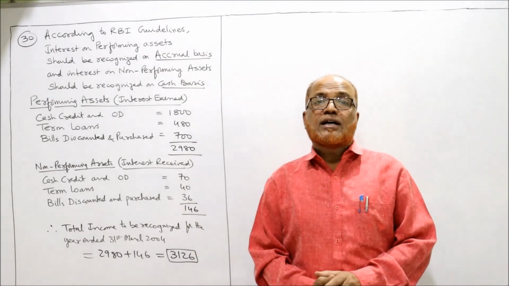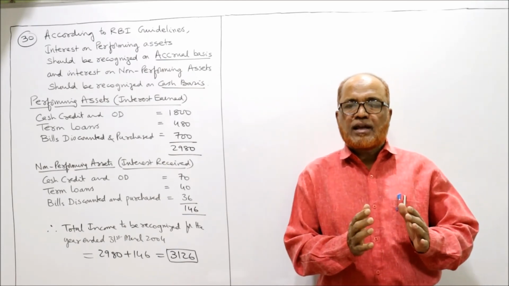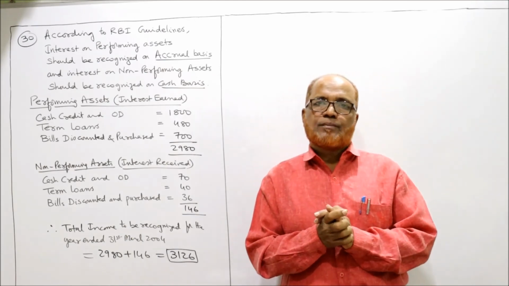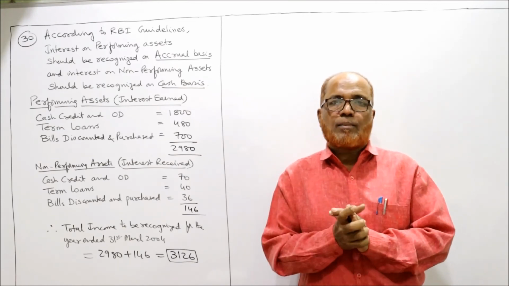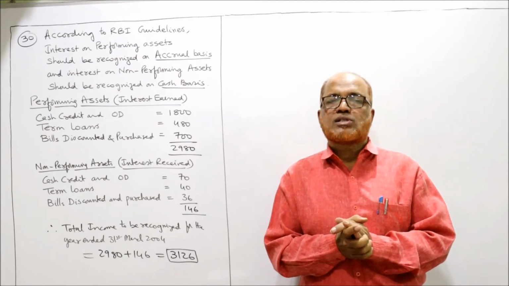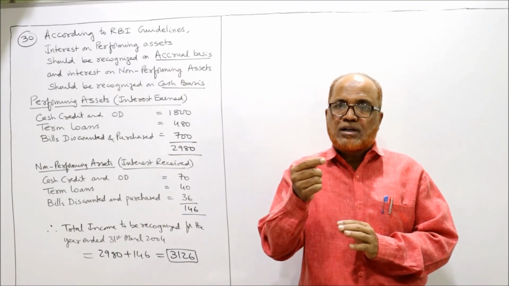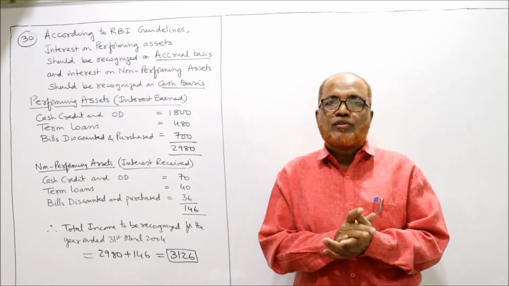So we have completed 30 problems on banking companies. Briefly we'll recap. I have prepared 2 videos on explanation of the banking concept: how bank accounts will be prepared, profit and loss account and balance sheet, and what the different terms used in bank accounts are.